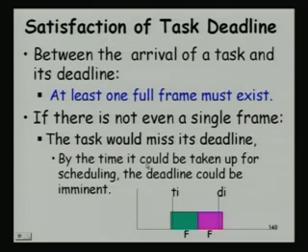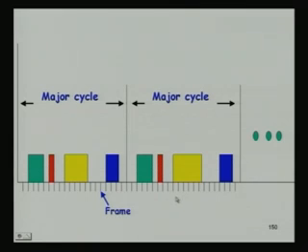So, this will set an upper bound on the frame size. We can't have large frames, right. This shows that if the frame size is too large, then we can't really meet the deadline.